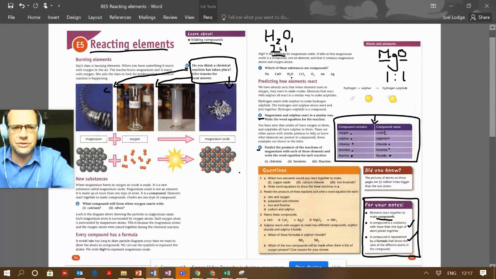Have they changed at all? Do we know that a chemical reaction has taken place because the appearance has changed? Well, yes, we do. Its properties have completely changed. It's a different substance. Magnesium plus oxygen goes to magnesium oxide, which has a different appearance. It's got a white powdery texture to it. It's no longer a metal.